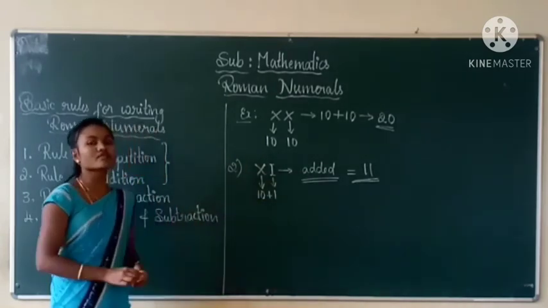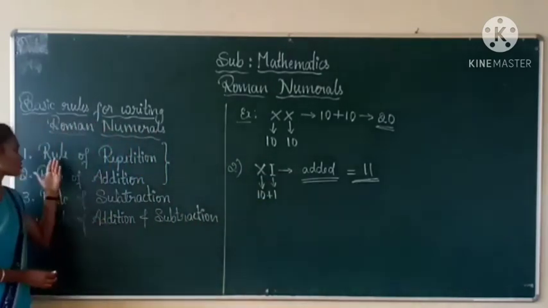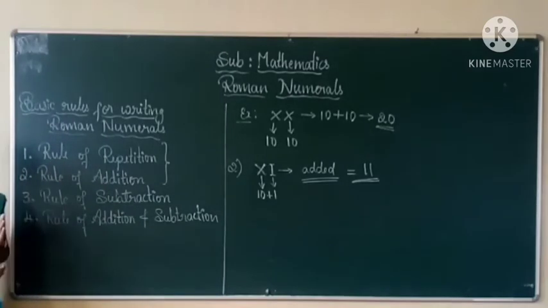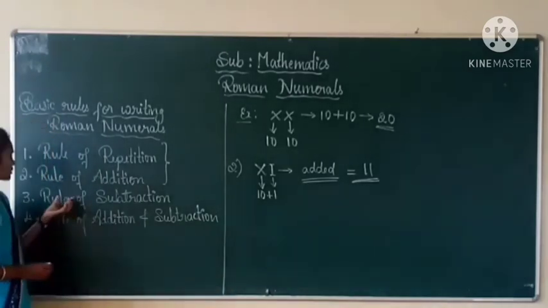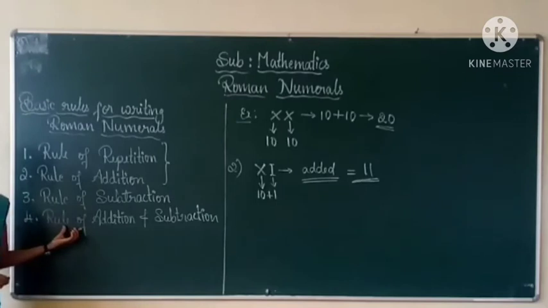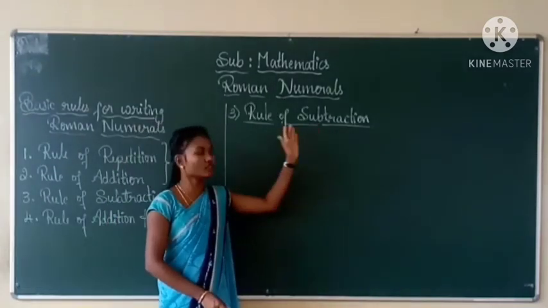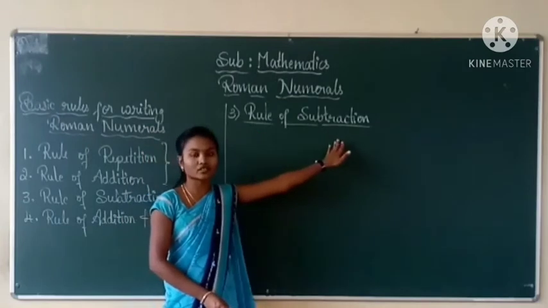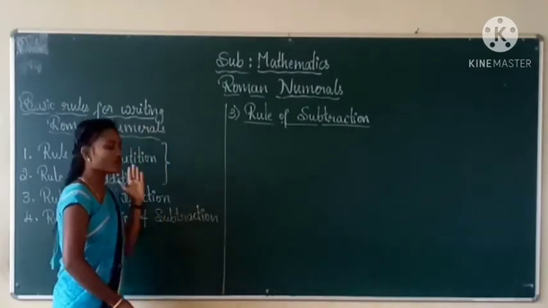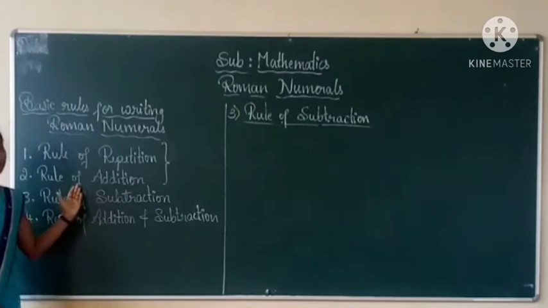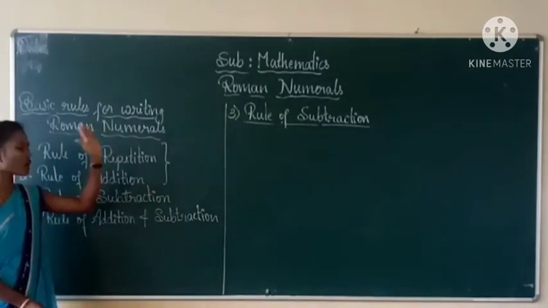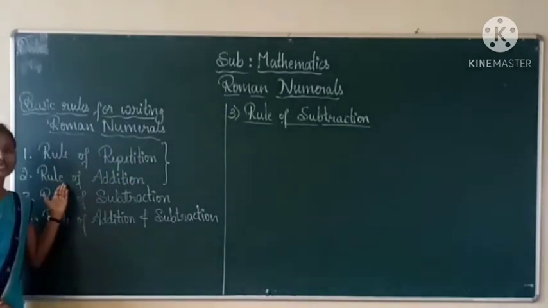So in the last class we have already studied these two rules. In today's class let us learn the third rule and the fourth rule. Third rule is rule of subtraction. It is just opposite to rule of addition. The third rule is opposite to the second rule.